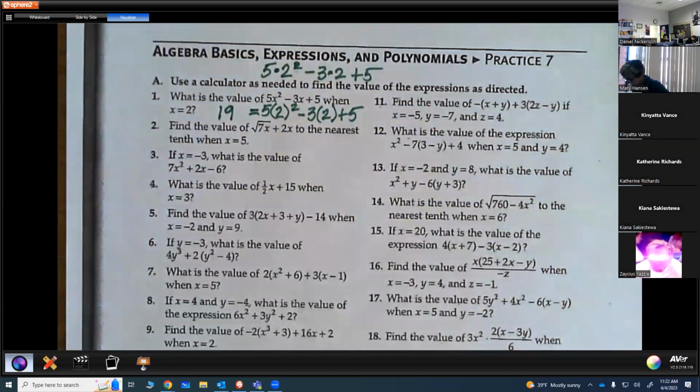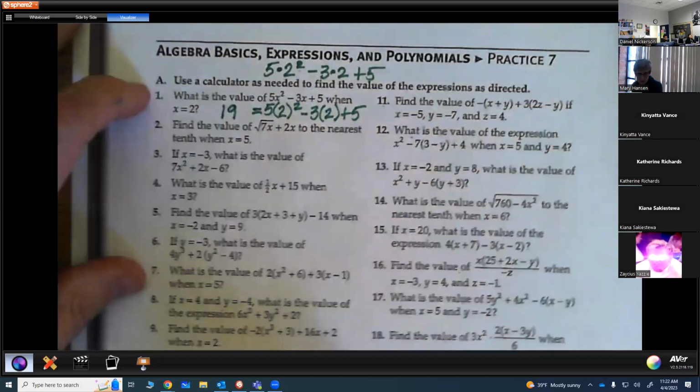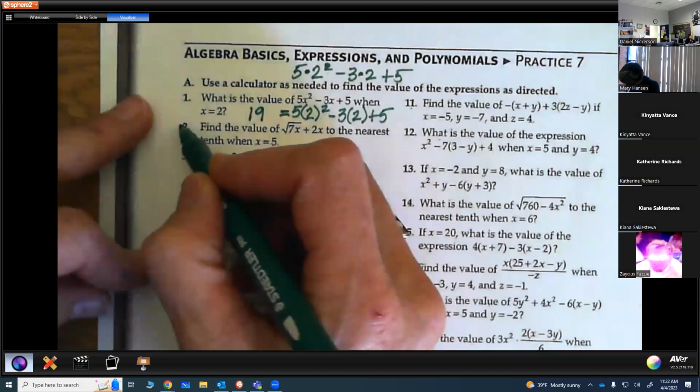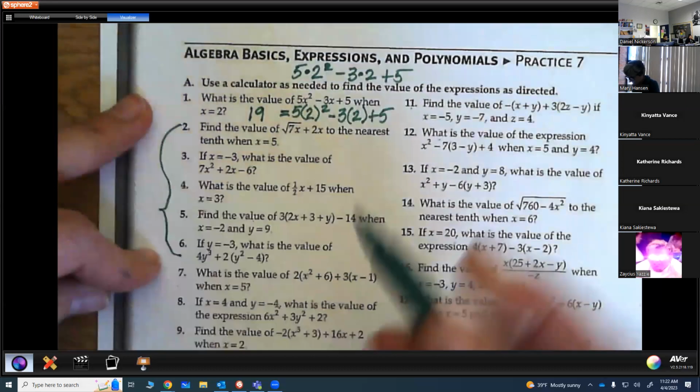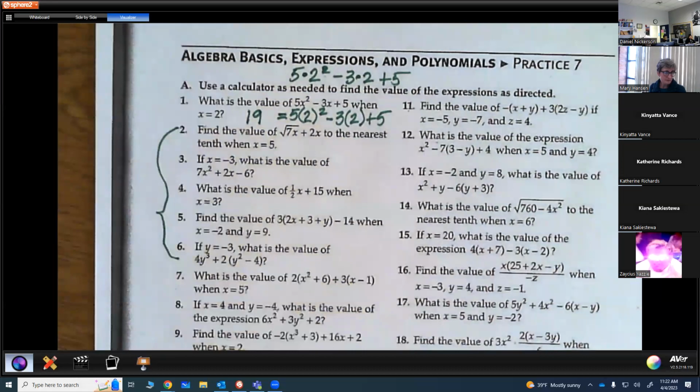Okay, let's take some time and have you work on problems 2 through 6. Work on those problems with the calculator. If you want to double check yourself by hand, you can, but let's have you complete what you can with the calculator on 2 through 6 before you go back and do them by hand.